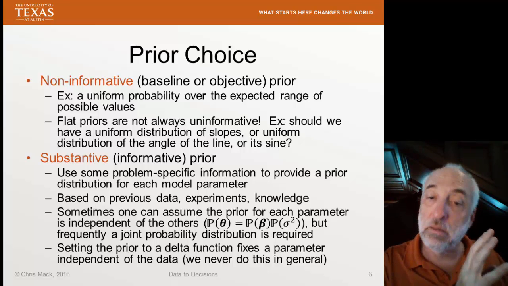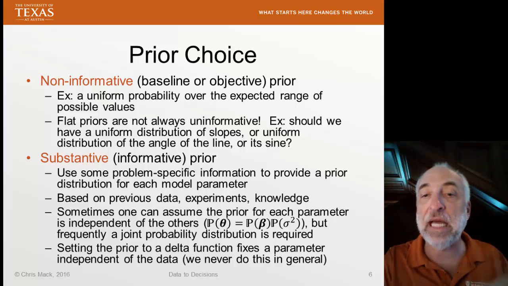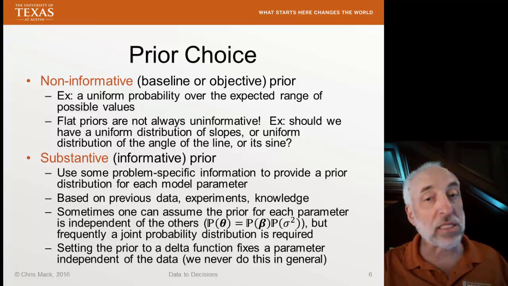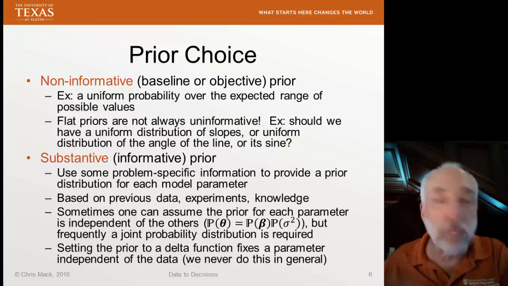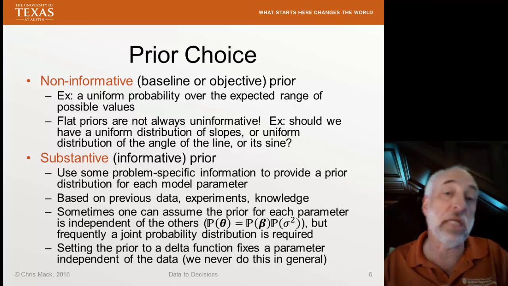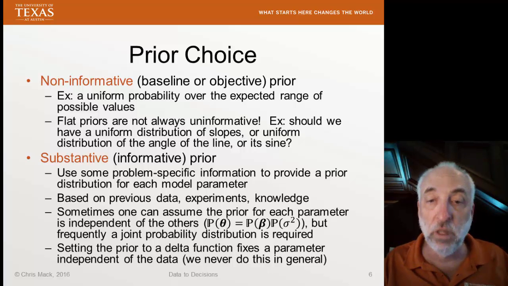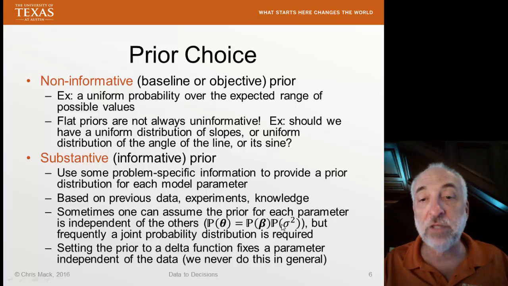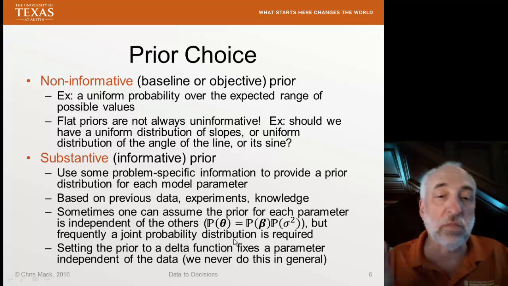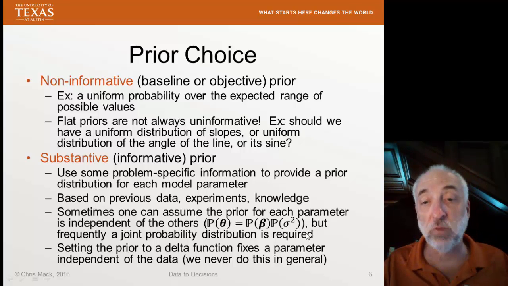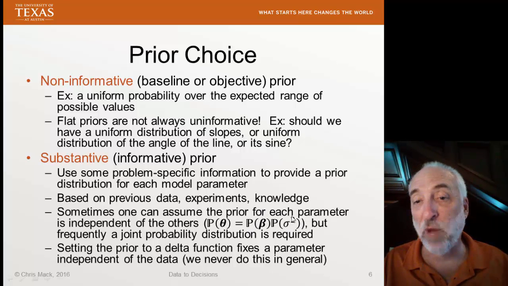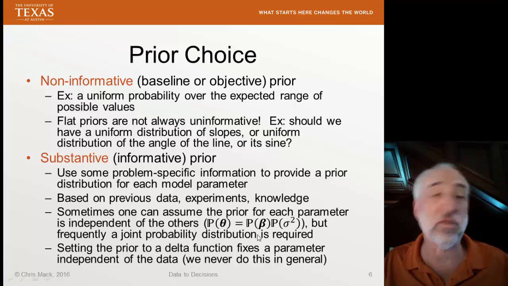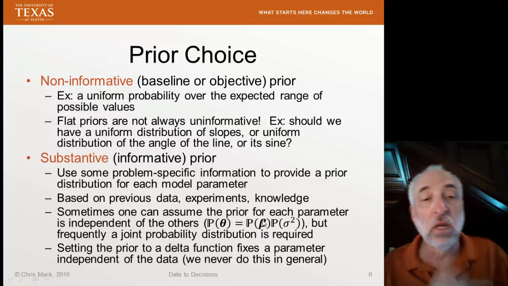Sometimes we assume that our understanding of the betas, the parameters of the model, is completely independent of our estimates or guesses about the error term in this experiment. So we'll assume that they're independent and just multiply the two probabilities like this. Sometimes some kind of a joint probability distribution will be required. That is, the uncertainty in the y values might be a function of the values of the parameters themselves.